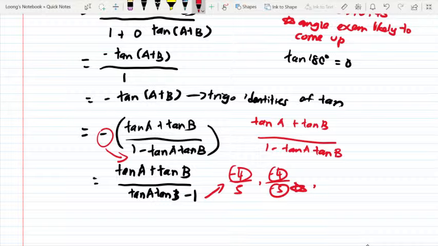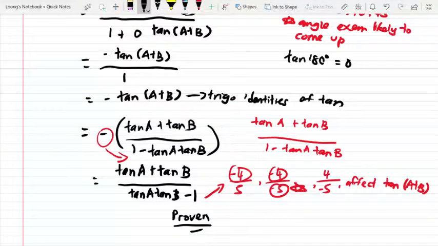So in this case, we use the lower one, so it will not affect the value of tangent A plus B. And here we have already proven it, we just write proven, and don't forget.